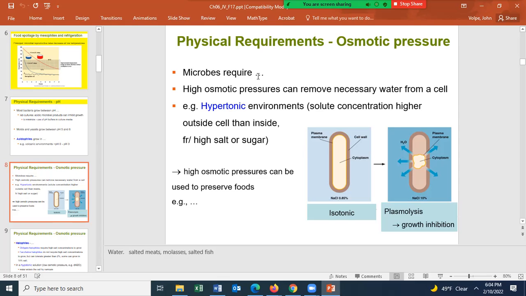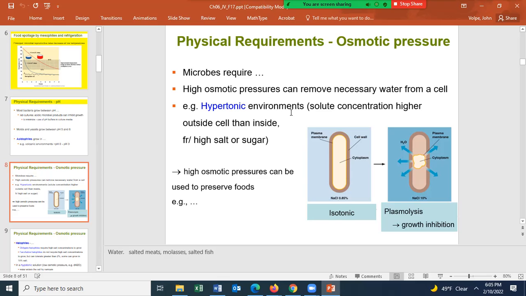Most microbes grow well in osmotic pressure below 1 to 2%. Above that, they cannot grow, or at least grow slower. But some microbes grow in high osmotic pressures.